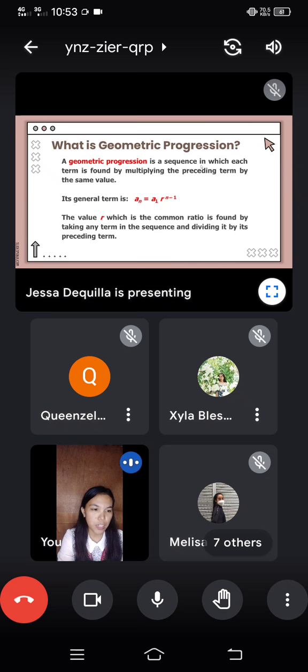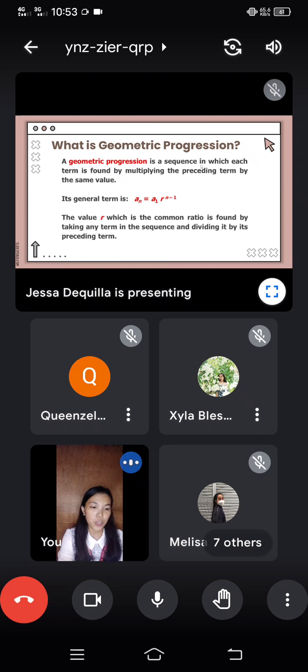So, what is geometric progression? A geometric progression is a sequence in which each term is found by multiplying the preceding term by the same value. So its general term is a sub n equals a sub 1 r raised to the power of n minus 1, where a sub n is the nth term, a sub 1 is the first term, n is the term position, and r is the common ratio.